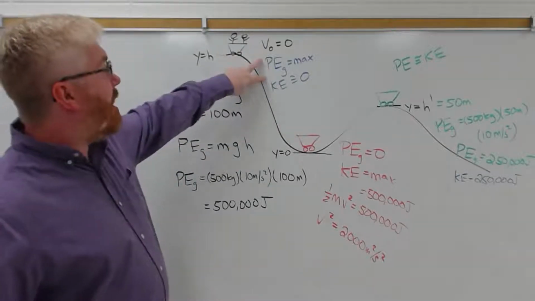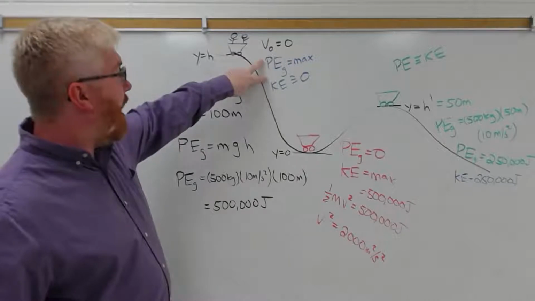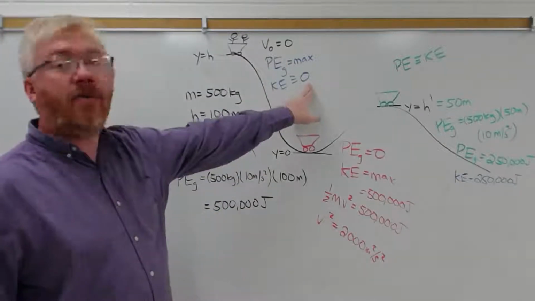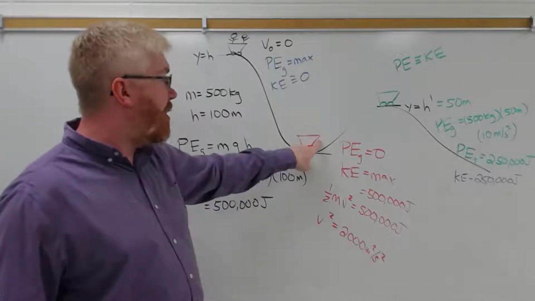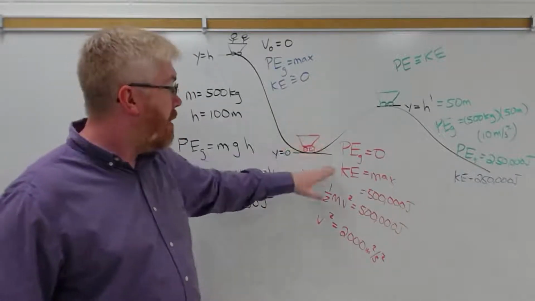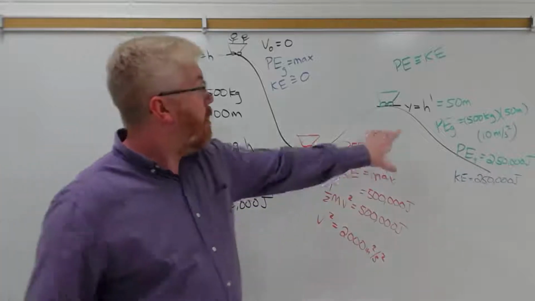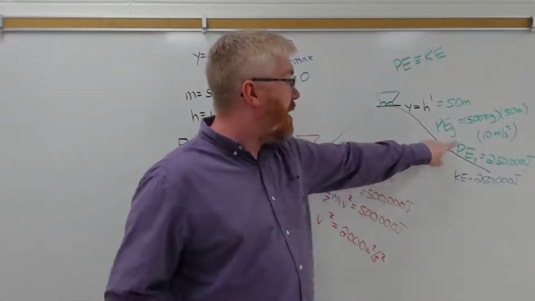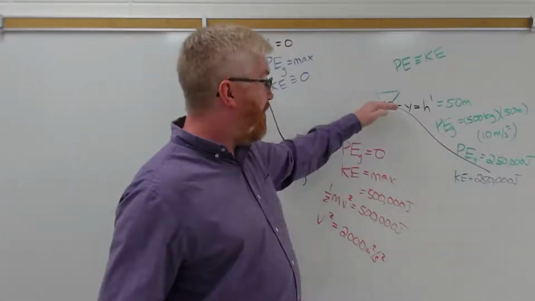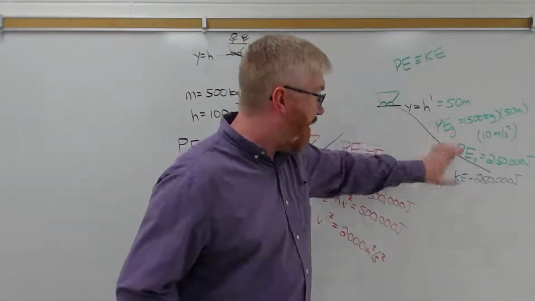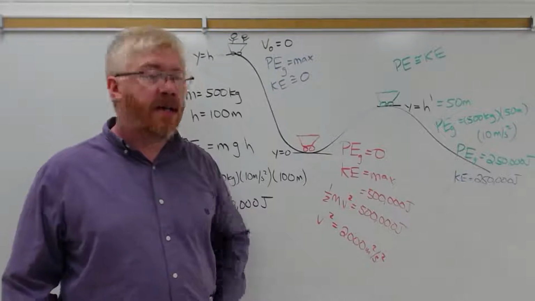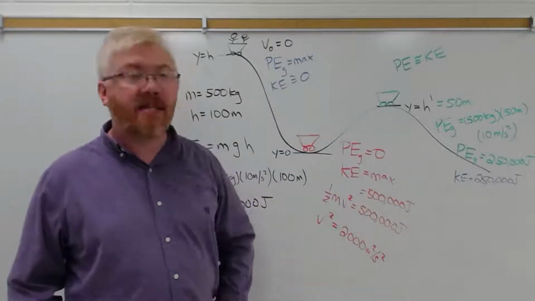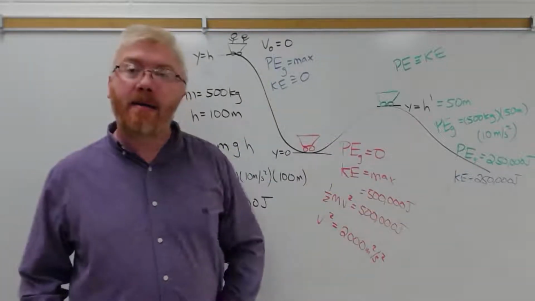If you add up the gravitational potential energy and the kinetic energy at the top, it's 500,000 joules plus 0 joules, which is 500,000 joules. At the bottom, it's 500,000 joules. At the halfway point, half of it is in gravitational potential energy, half of it is in kinetic energy. And then with that kinetic energy, you can find out what the speed is at that height.